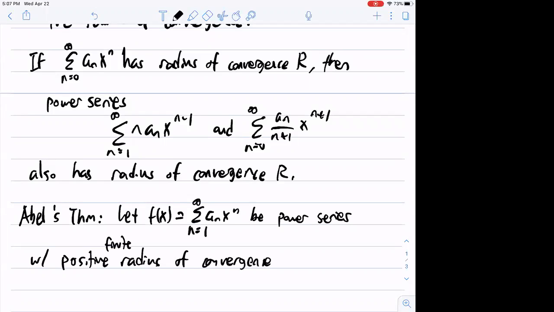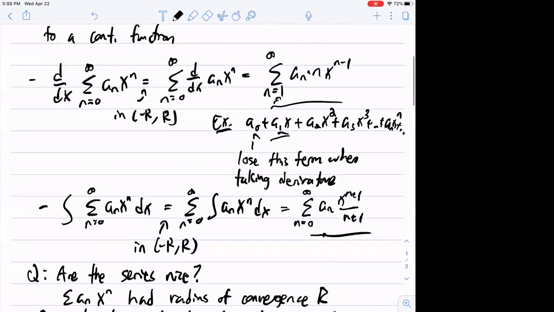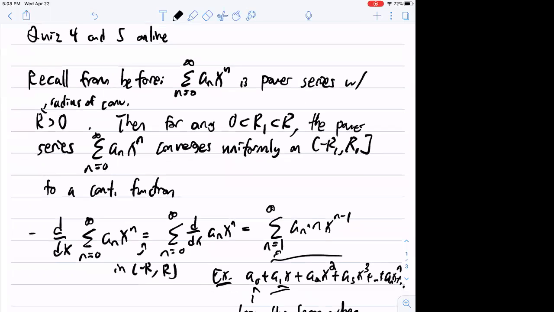So right now we have that on the open interval, negative R to R, for any R1, we have uniform convergence.